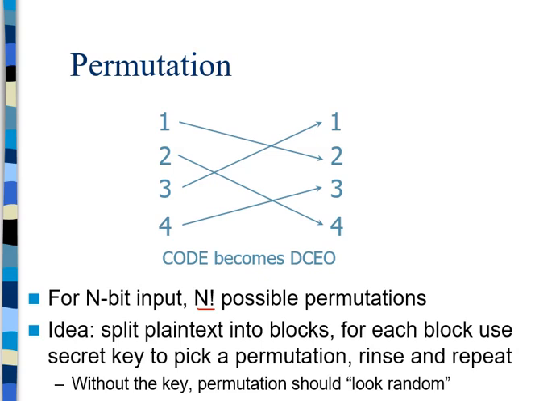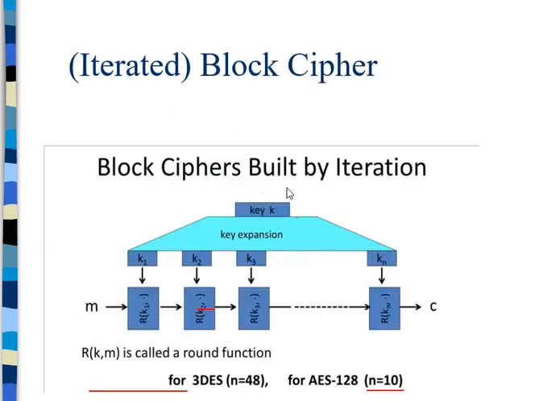It means that the permutation table is considered as the secret key, and without knowing this secret key, the permutation looks random. Anyway, we will need permutation, hence we describe it in this slide.